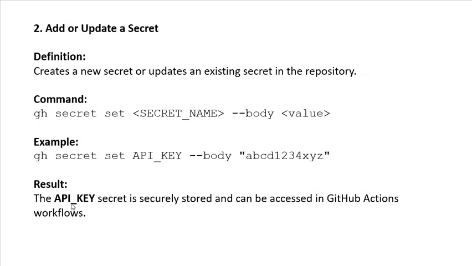The result is that API_KEY secret is securely stored and can be accessed in GitHub Actions workflows.